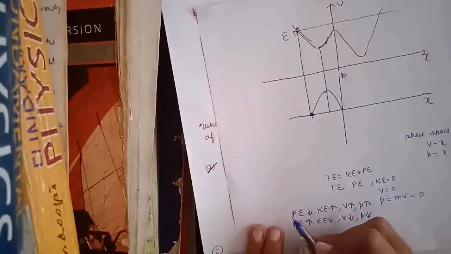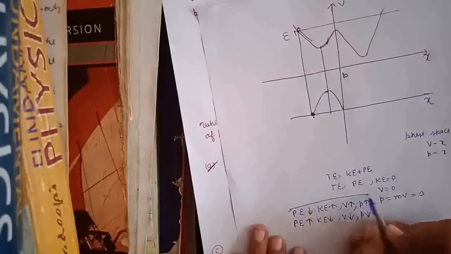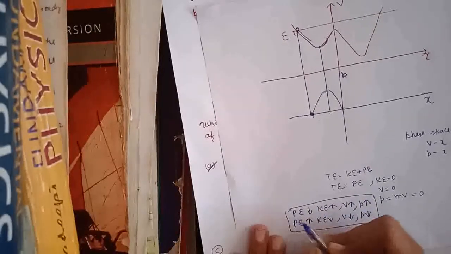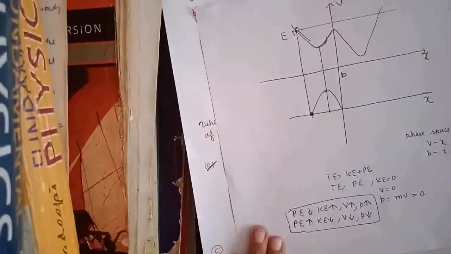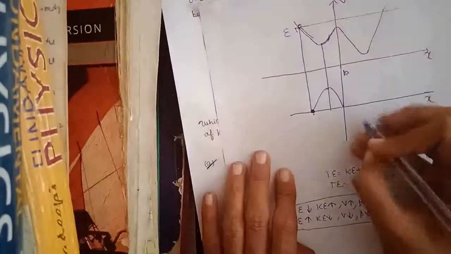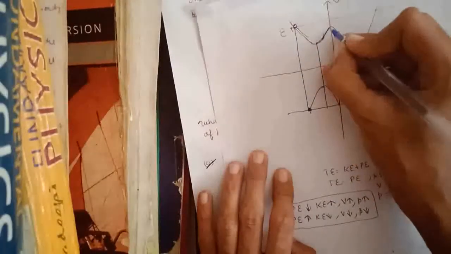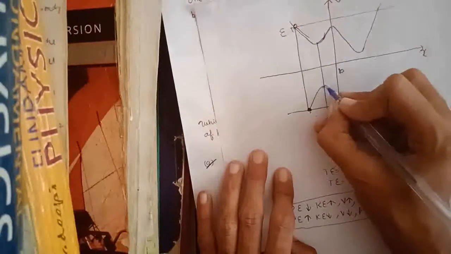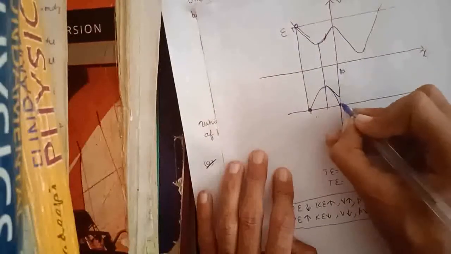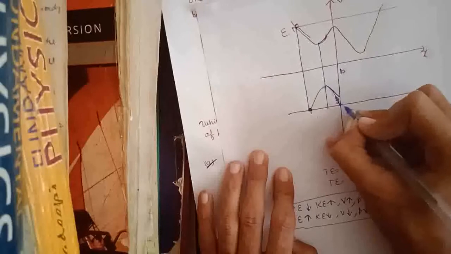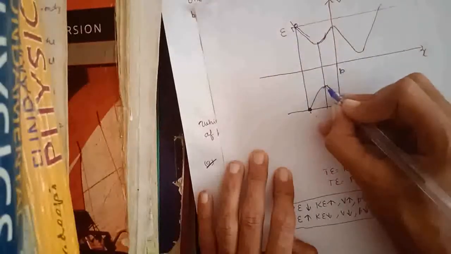Now we need to remember this: if potential energy increases, kinetic energy decreases, and if potential energy decreases, kinetic energy increases. Now come over here. Sorry, it will not reach up to this point; it will reach only up to this point.